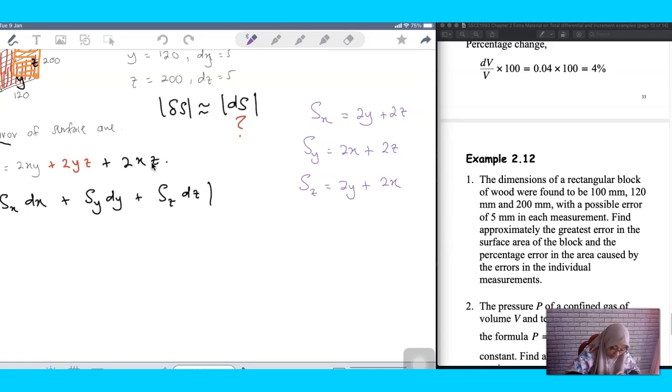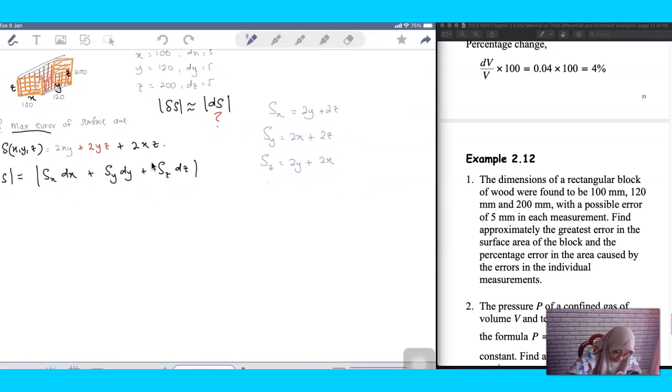And then you plug in your results here. So you have 2y plus 2z. So what is your dx? You got 5 just now, right? s_y, you have 2x plus 2z, and also 5, plus 2y plus 2x multiplied by 5.